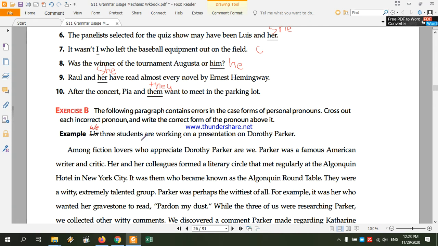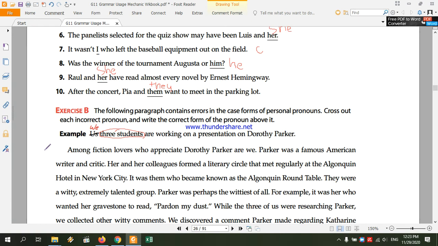We three students are, three students here is an appositive. Appositives are like extra information inserted in a sentence to clarify the intended meaning of, for example, a pronoun.